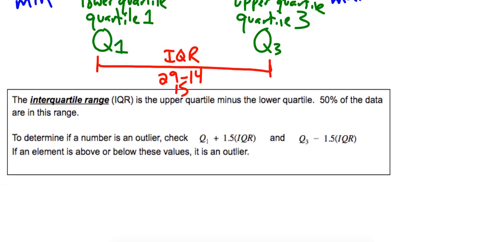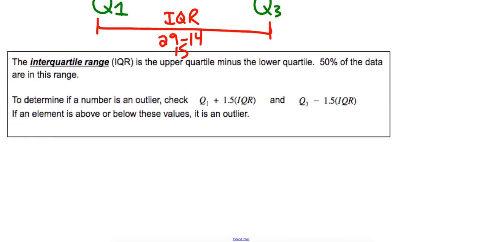Statisticians, that's the word we're looking for, use that to determine if things are outliers. So right here in this box, to determine if a number is an outlier, we use this formula: quartile 1 plus 1.5 times the interquartile range, and quartile 3, those are backwards. My apologies.